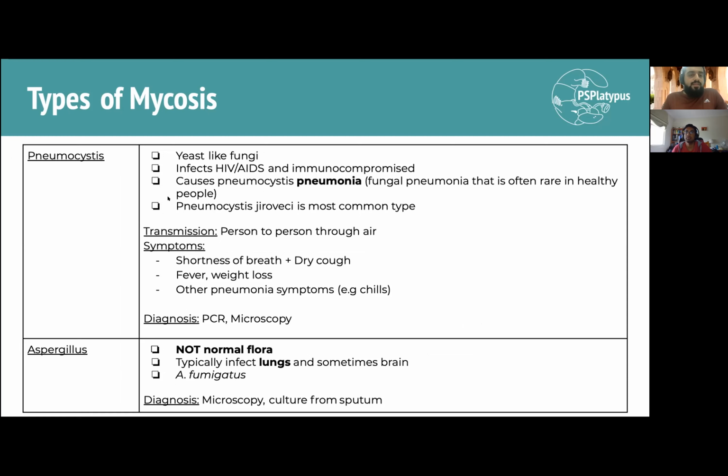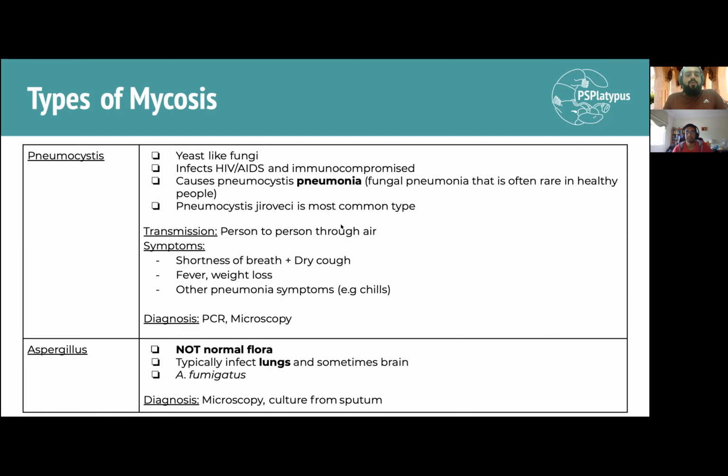Also, another example of deep mycosis, we have Pneumocystis. It's a yeast-like fungus. It usually infects people who have an immunocompromised system, for example, people with HIV.